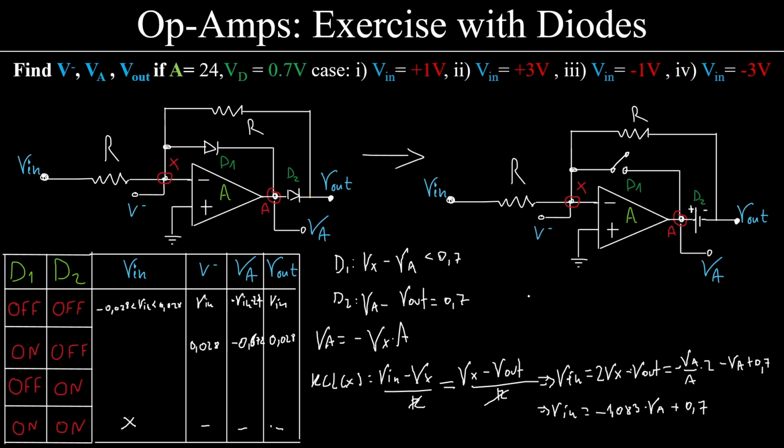Alright, now I can go ahead in this inequality and replace Vx with Va over A with a minus. So Va will be more than minus 1.042.